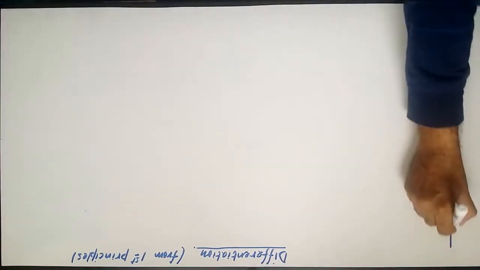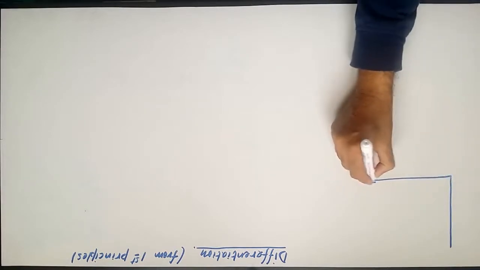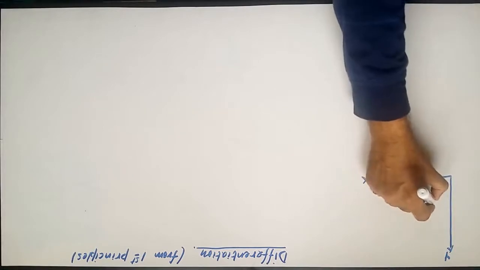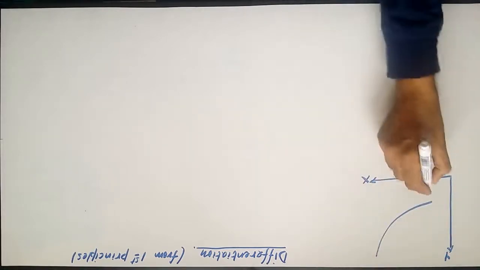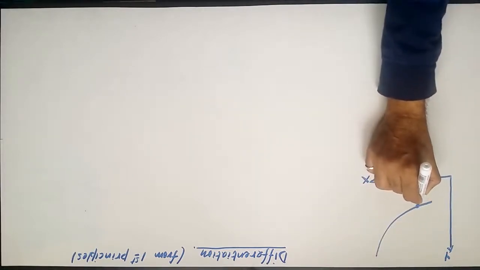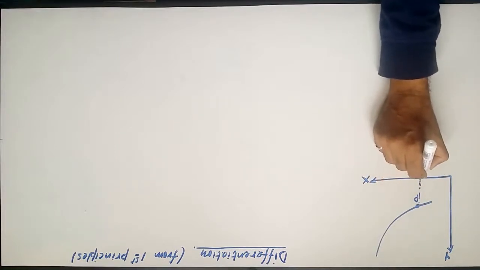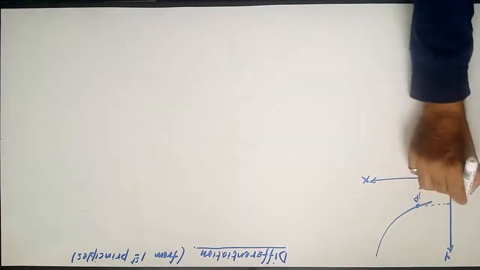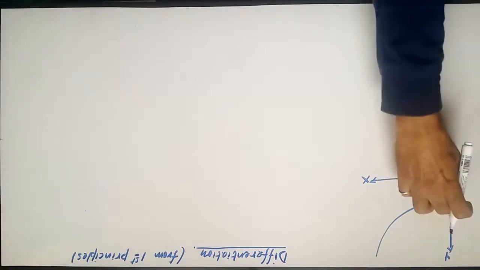So let's say this is the x-axis and this is the y-axis. Let's draw a curve, and let's have a point P here, which is denoted by (x, y). So this is the origin, this is x and this is y.